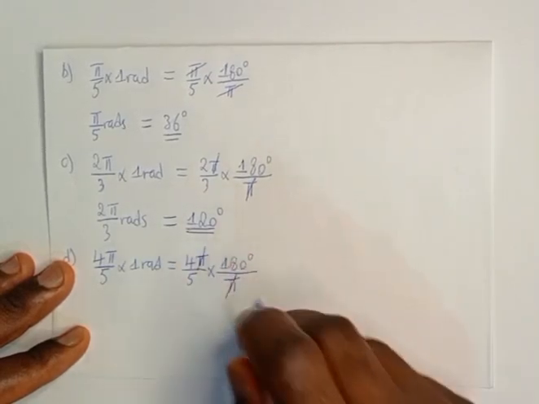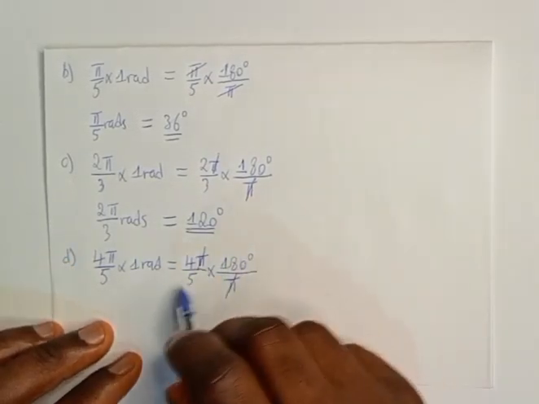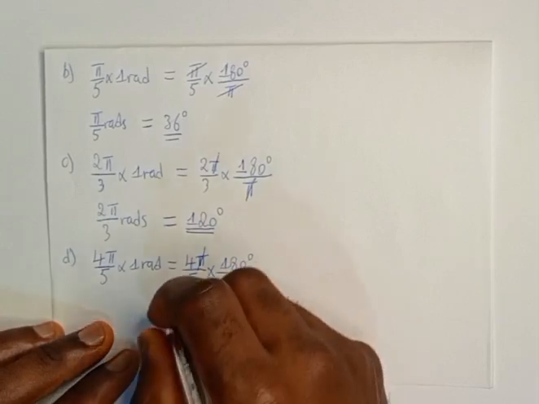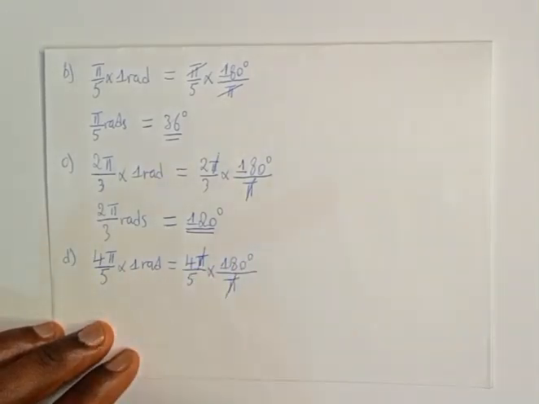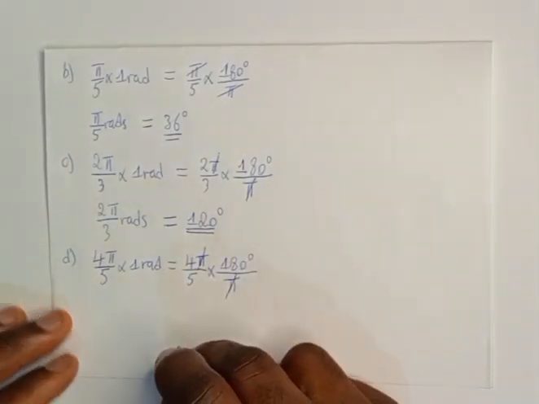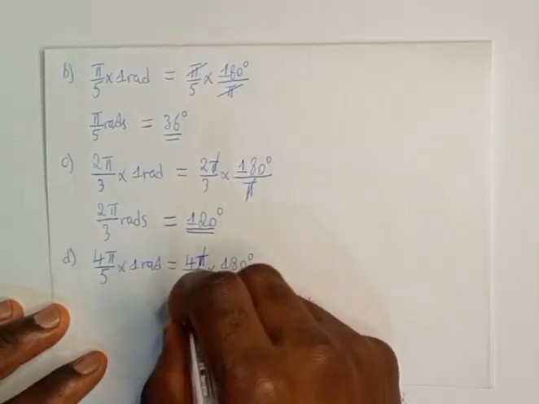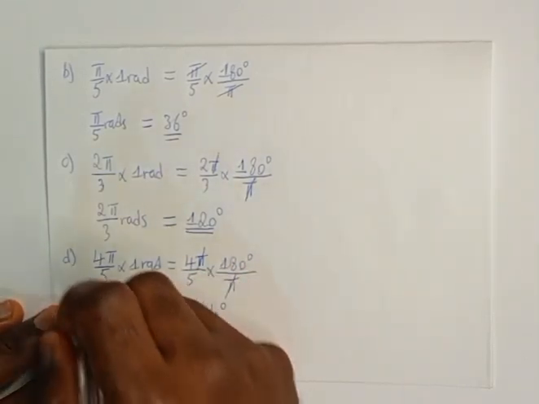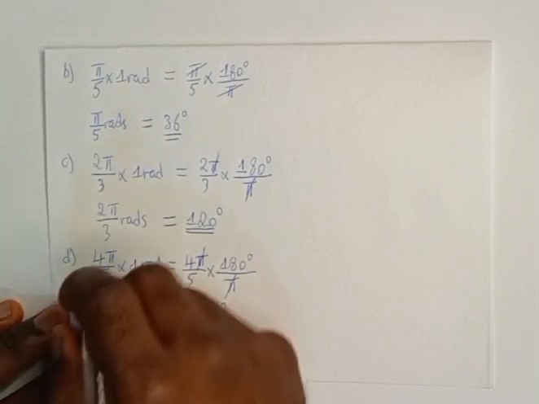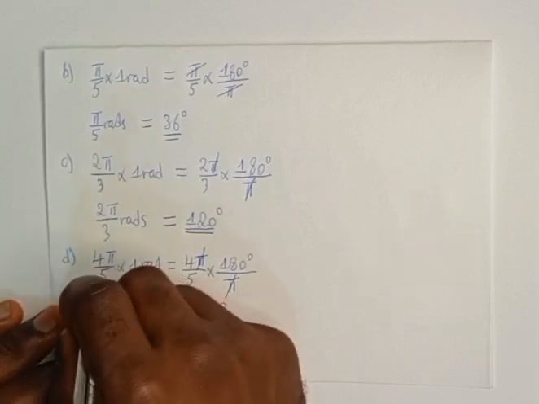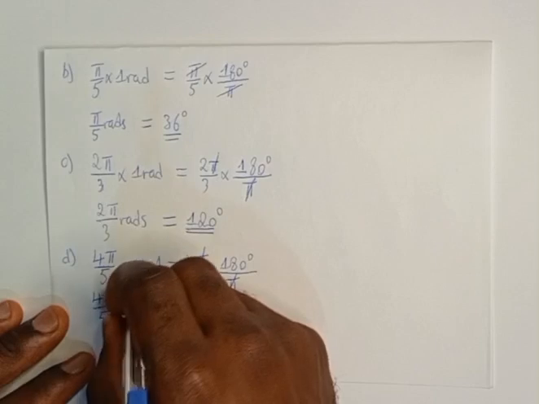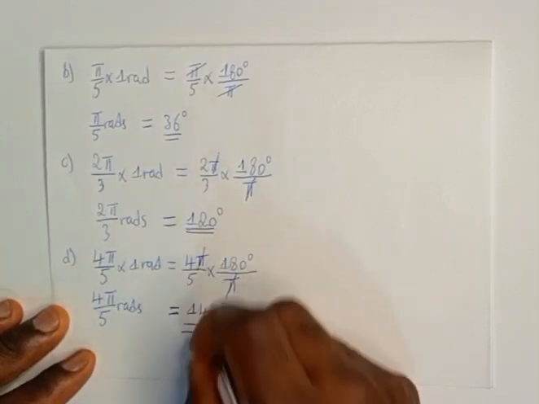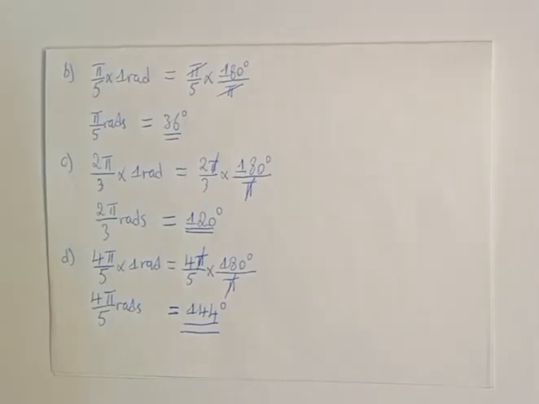Pi will strike off pi. 180 degrees divided by 5 gives us 36. 36 times 4 is equal to 144. This will give us 144 degrees. Therefore, 4 pi on 5 rads is equal to 144 degrees.